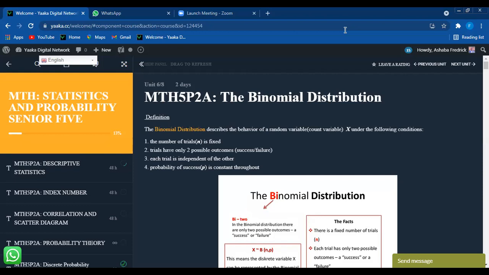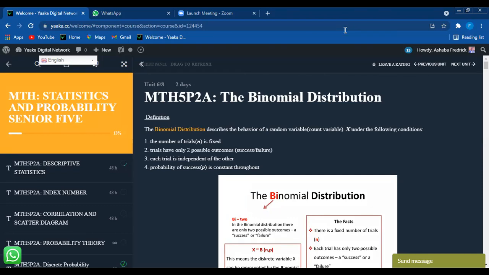So we are saying the binomial distribution describes the behavior of a random variable, say x. So we use x to represent our random variable, and it has the following properties.